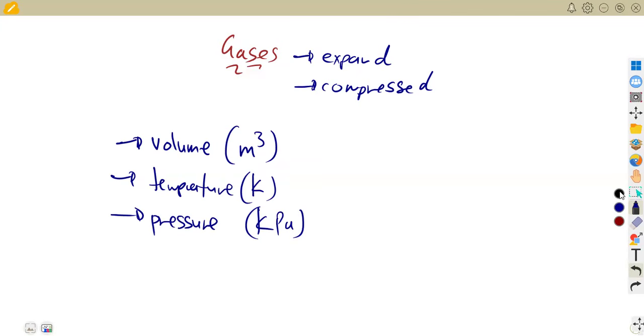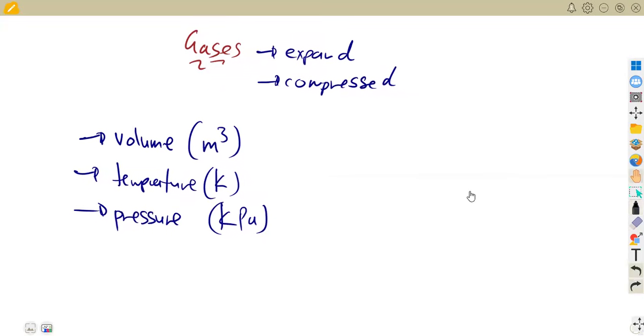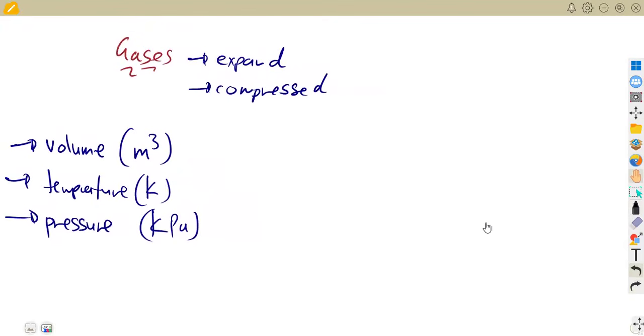The laws we are going to talk about connect these quantities: volume and temperature, volume and pressure, or temperature and pressure.